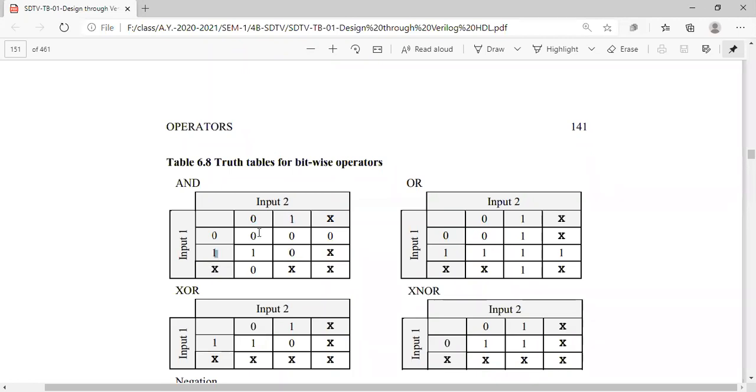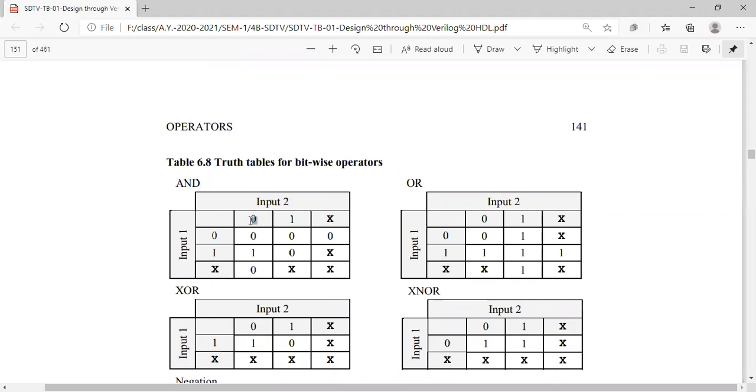So one bit is 1 and another bit is X. So the result will be unknown for that. One value is X and the other value is 0. For X and 0, here it is mentioned as 0. For 1 and X, actually it should also be X only. X with 0 will generally be 0, sorry, since it is and, we clearly know that one bit is 0.